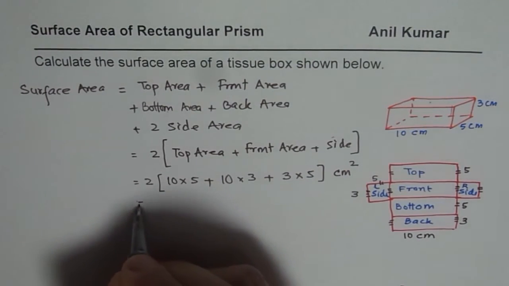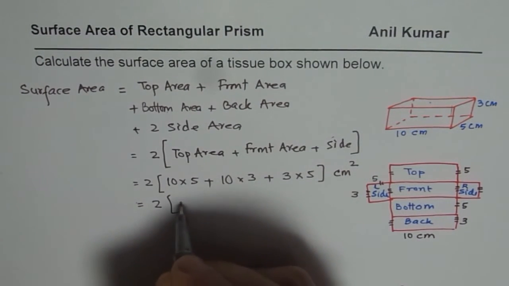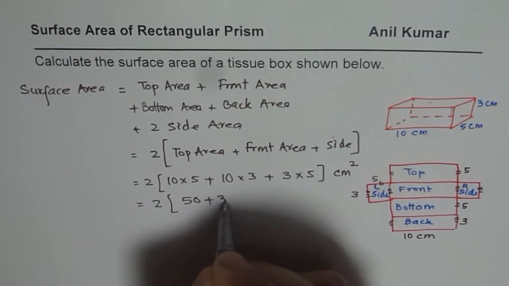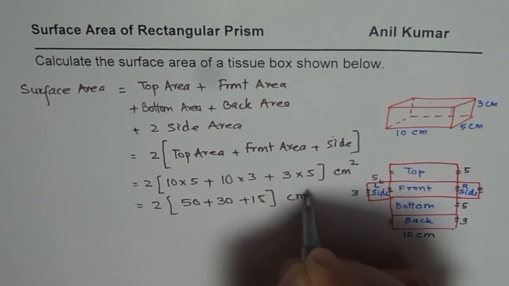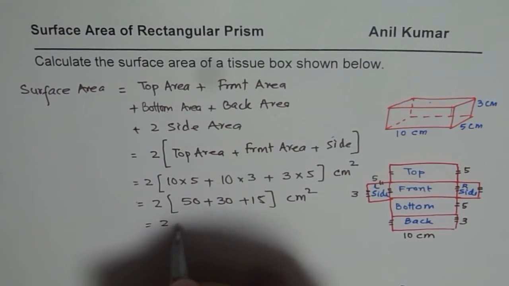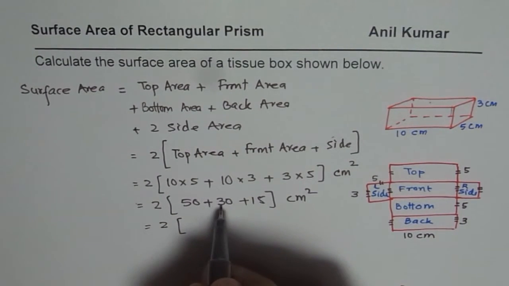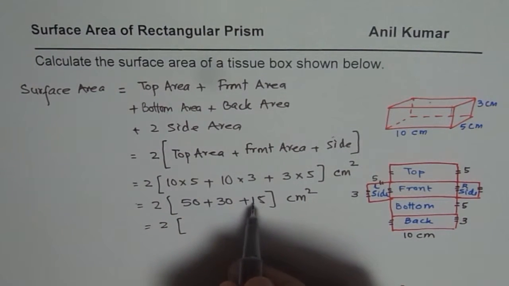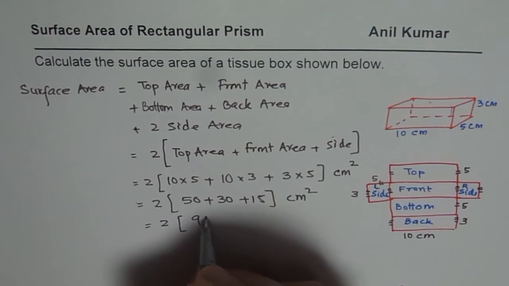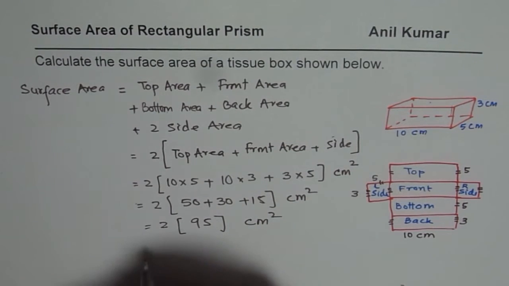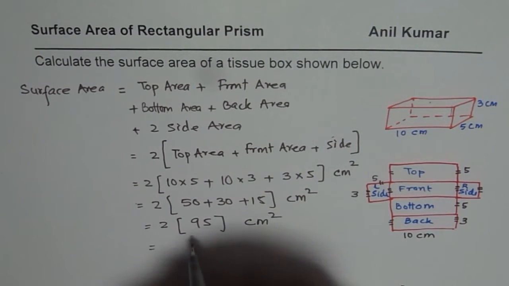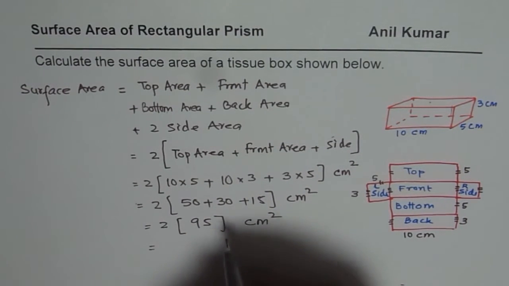Okay, so now we can combine. So we get 50 plus 30 plus 15, right? Centimeters square, and that is 2 times 50 plus 30 is 80 plus 15 is 95, correct? So 5 less than 100 centimeters square, and now you can multiply by 2. So 10 less than 200, right?